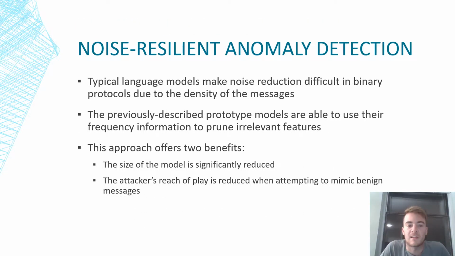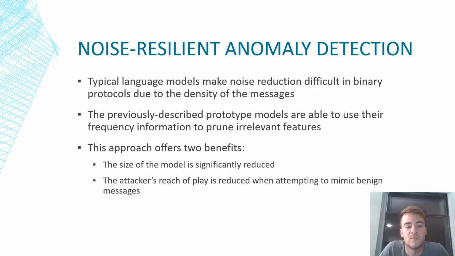Noise resilient anomaly detection is the other cornerstone, aside from the prototype models, of what ZOE provides. So typical language models make noise reduction difficult in binary protocols due to the density, but the previously described prototype models are able to use the frequency information that I was just talking about that the count-min sketch data structure stores in order to prune irrelevant features.